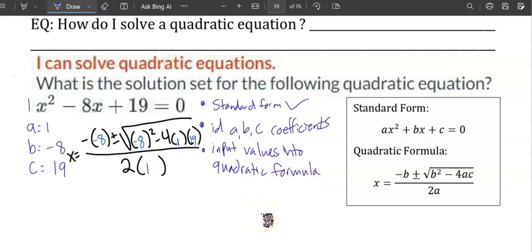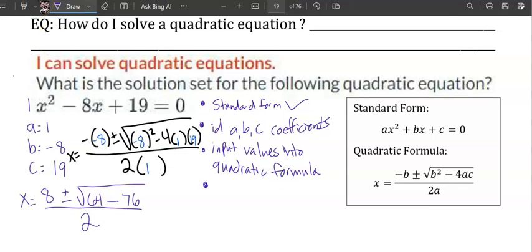And then we'll rewrite it. x equals 8 plus or minus the square root of 64 minus 76 all over 2.